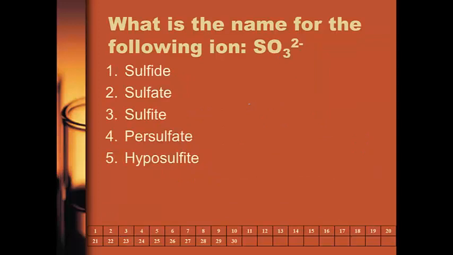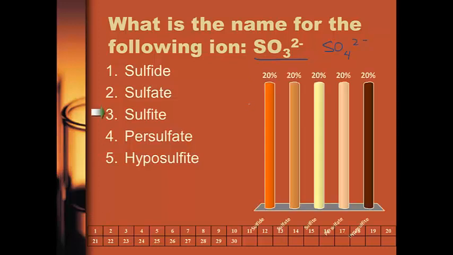Which of the following is the correct name for SO3 2 minus? Okay, you should know that this looks like sulfate, but again, you have to be able to recognize your ions by charge. SO4 2 minus is sulfate. So this is one less, so this is sulfite. Okay, what's the formula for phosphite?